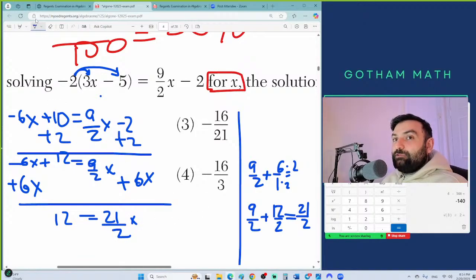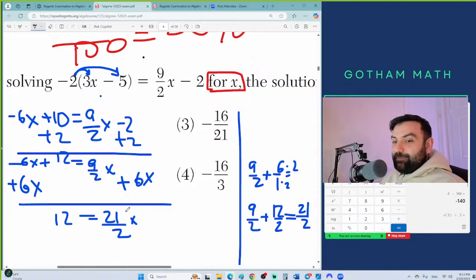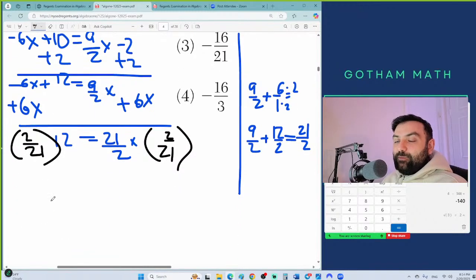And the rule of getting rid of a fraction as a last step, dividing by a fraction, is the same as multiplying both sides by the reciprocal of it, which is times 2 over 21 on both sides, which cancels that fraction in front of the x, leaving you with just x. And on the other side, we have to multiply.